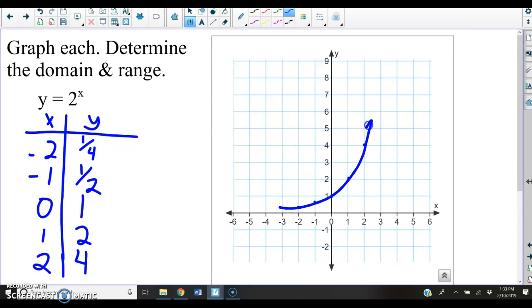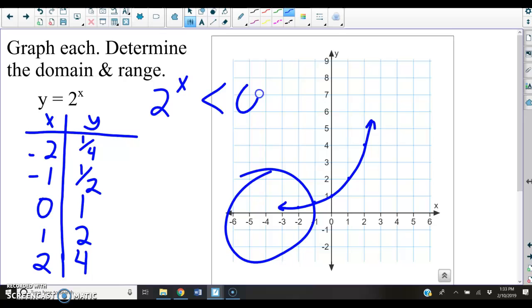Okay, now, a common mistake that people make, and I'll admit I made it too back in the day, is they think that this left-hand side will eventually end up with a negative. Well, you tell me what power you can raise a positive number to get it less than 0.